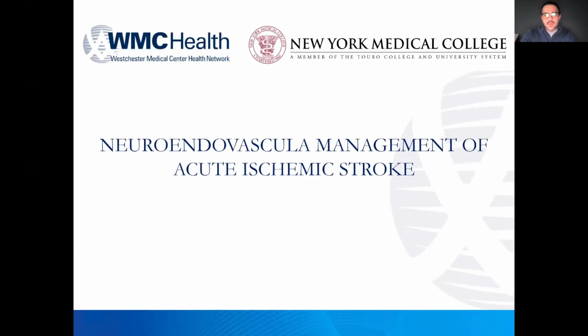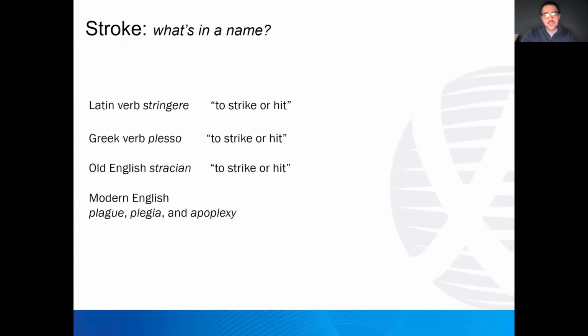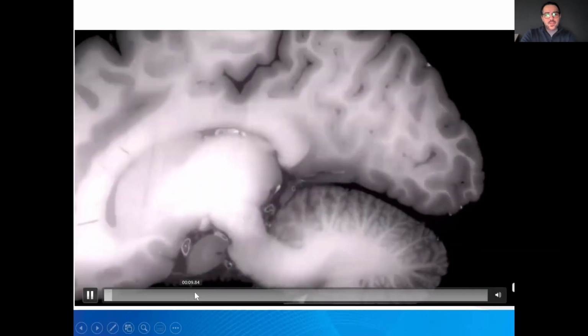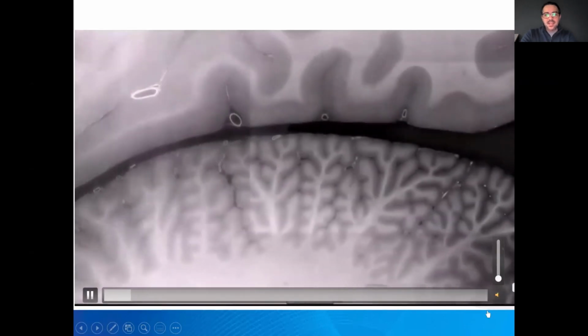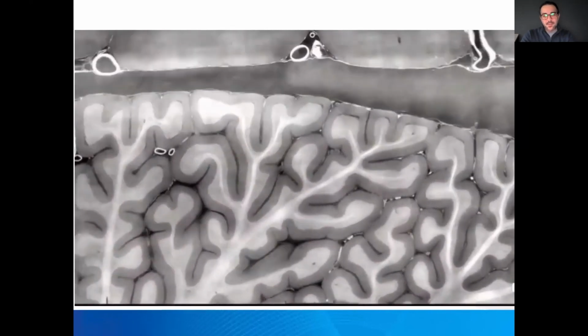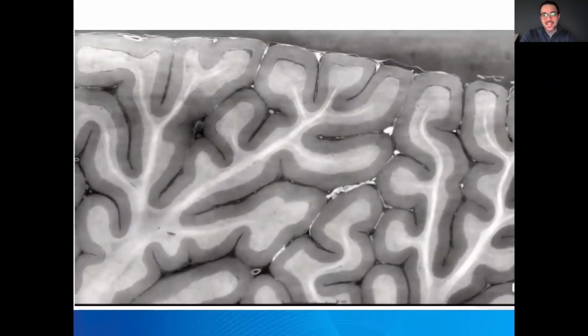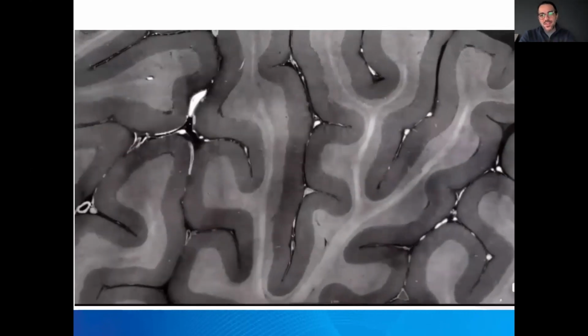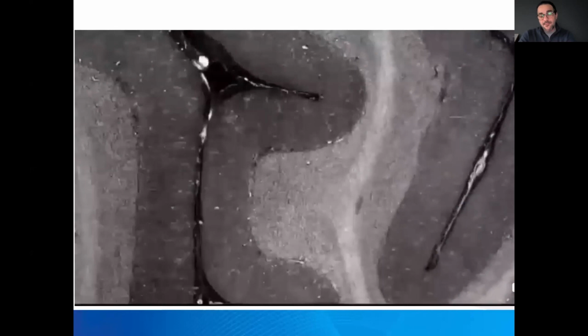I'm just going to go over a brief case of a patient with acute ischemic stroke. As you can imagine, the technology that brought us to where we are today is incredible. This is a 7 Tesla MRI, merged with electron microscopy views of the brain.